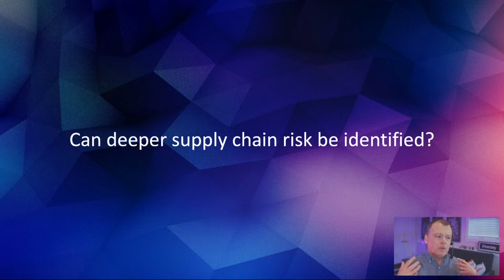But can we go deeper, right? Can we go deeper into the supply chain to figure out other forms of risk? I think the answer is yes. But again, 4.x is going to be kind of an experiment to figure out how far down the rabbit holes, plural, we can go and still remain a viable open source project without commercial stuff.